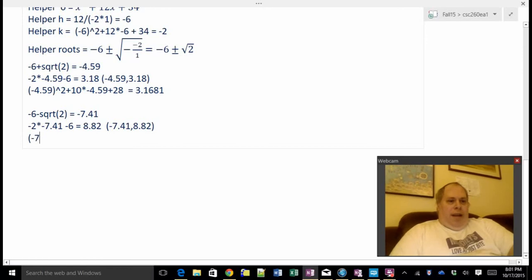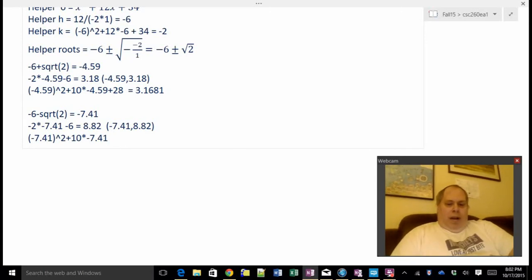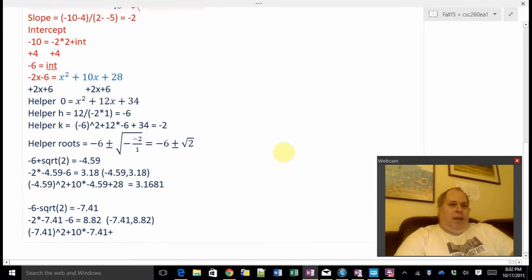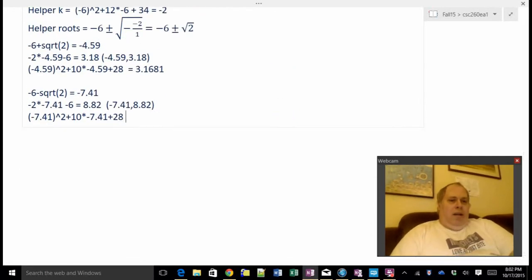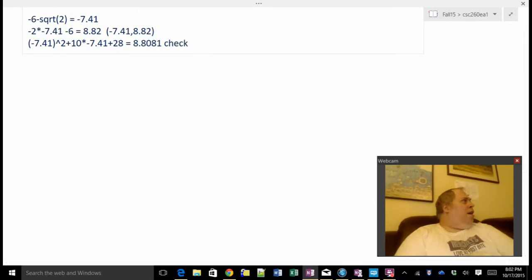So we'll have negative 7.41 squared minus 10 times negative 7.41 plus... and what am I adding? The blue formula says it's plus 28. And that's going to give me 8.8. Yes, it's almost exactly right, so that's a check. And this one is also a check. And they all check out.